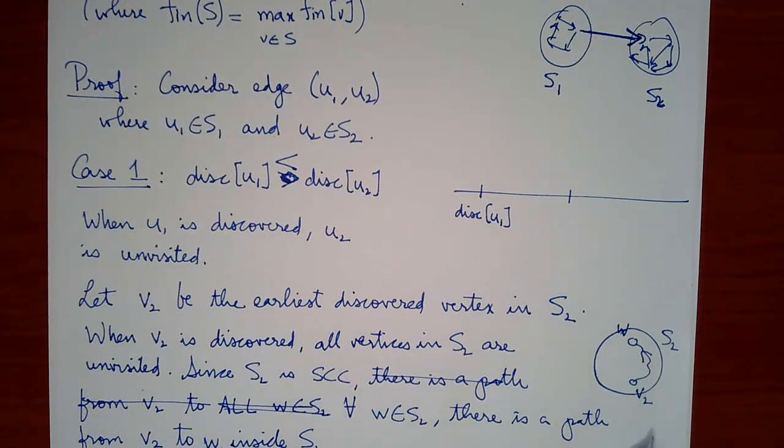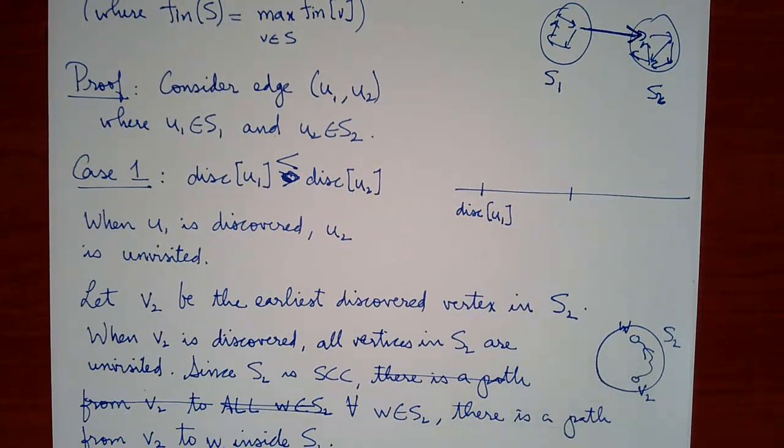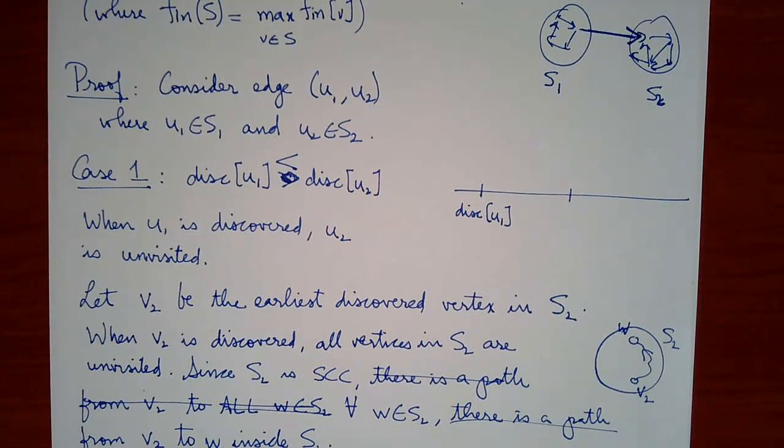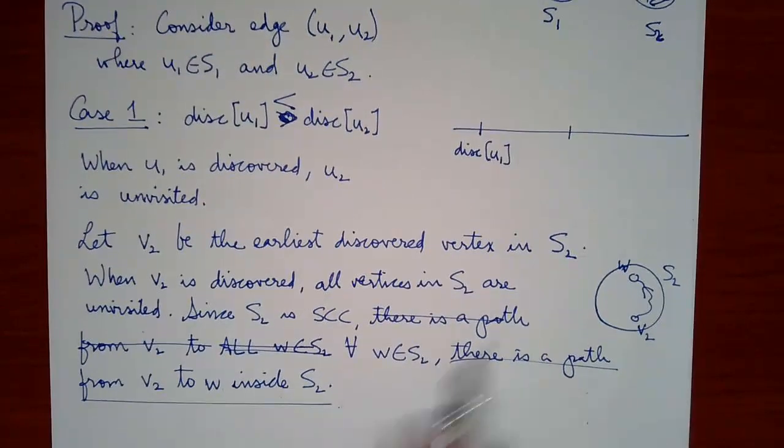I didn't explicitly prove that, but you can show that there is a path that is going to be contained in the strongly connected component. Can we say this is because of the unvisited path theorem? This statement over here, I haven't talked about the unvisited path theorem yet, right? This is just saying that there is a path that's completely contained in here.